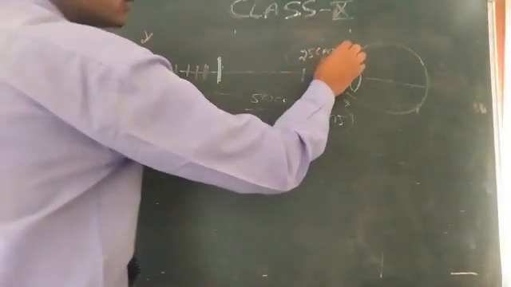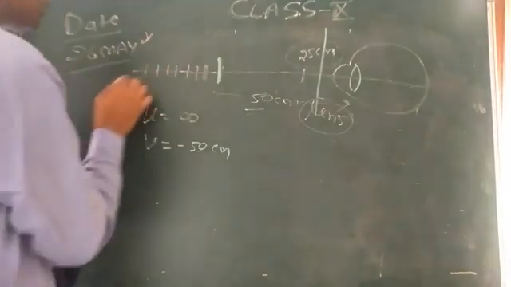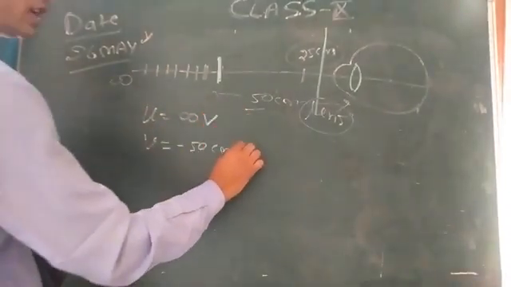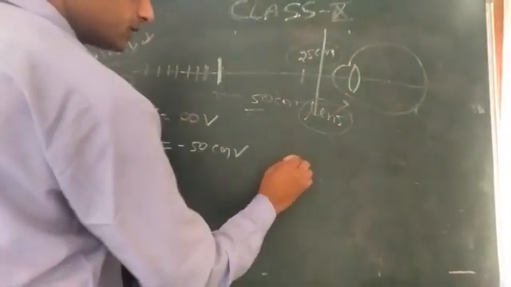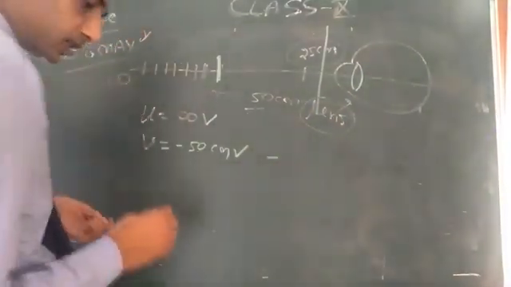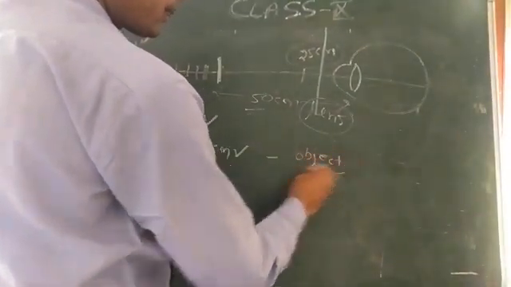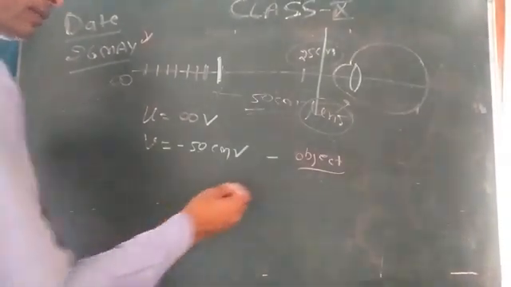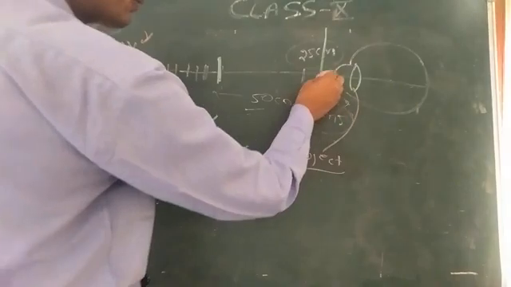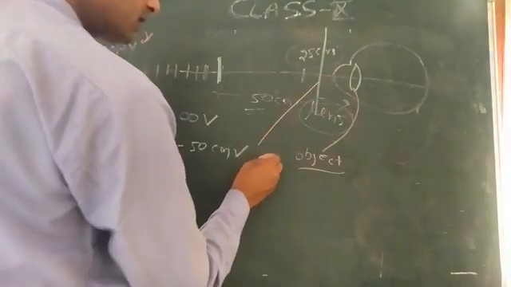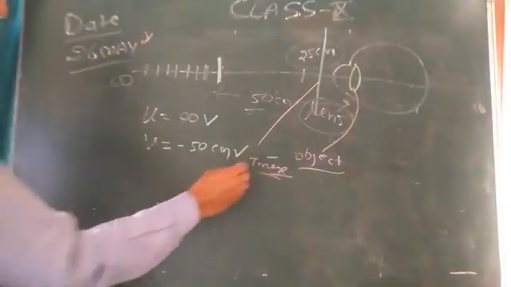So for this extra lens, this is the object and this is the image. But for the eye lens, this behaves as the object. For this eye lens, this is the object, and for this extra lens, this is the image.